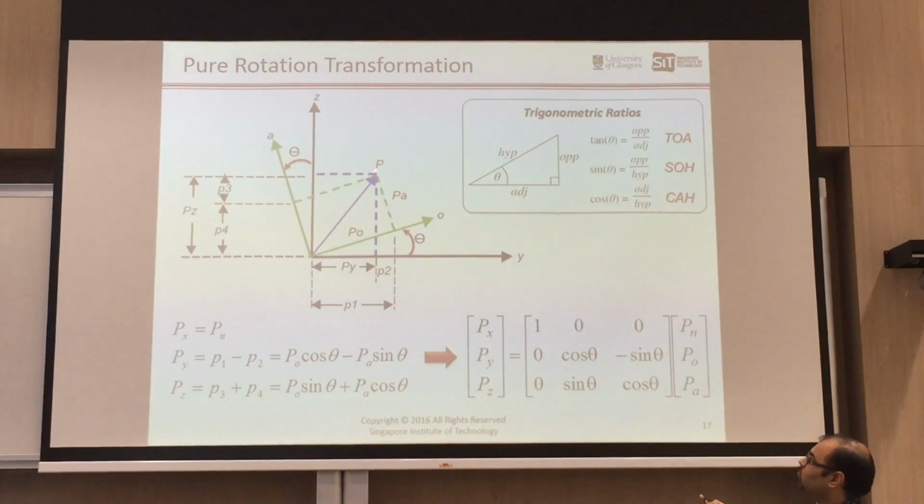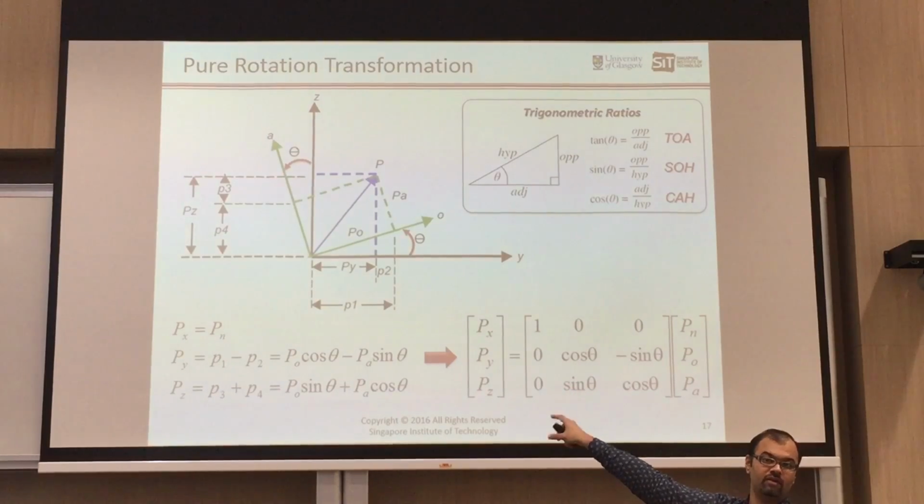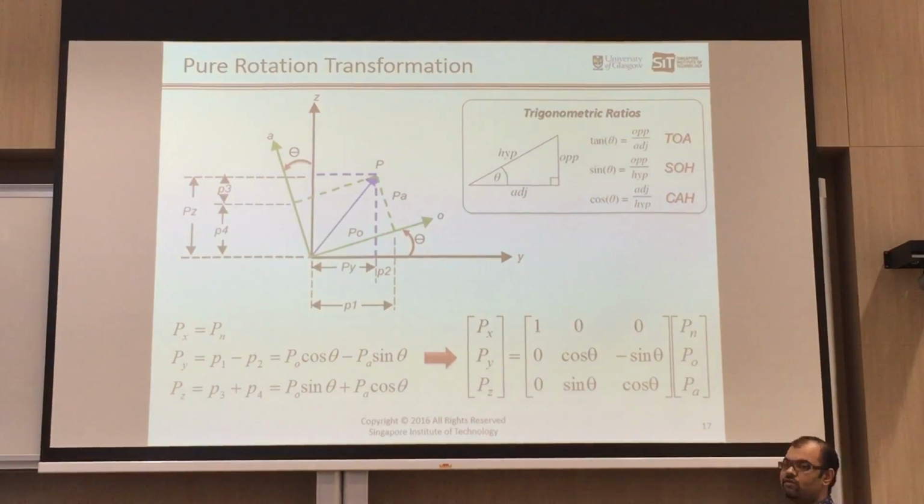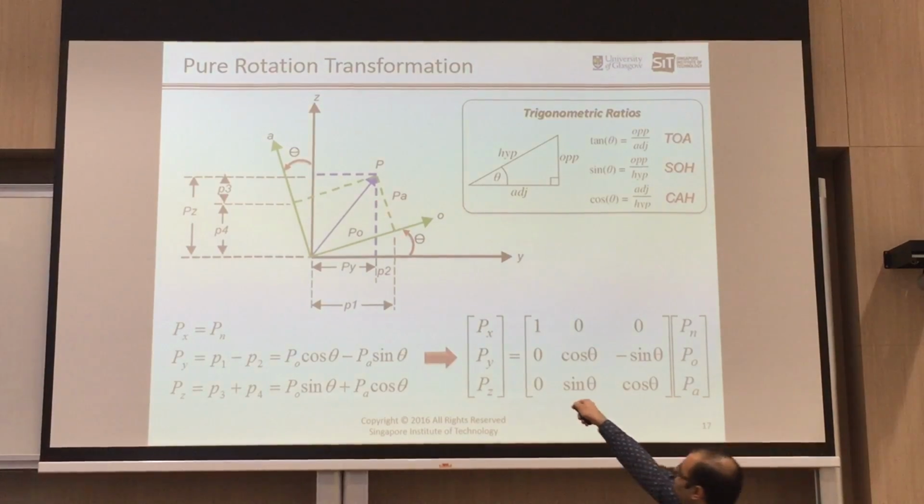Now let's say we have this point P with respect to the global frame, and somehow we manage to move the green frame about the x-axis. Right? Now in physical space, the point P might be there, but look at this.